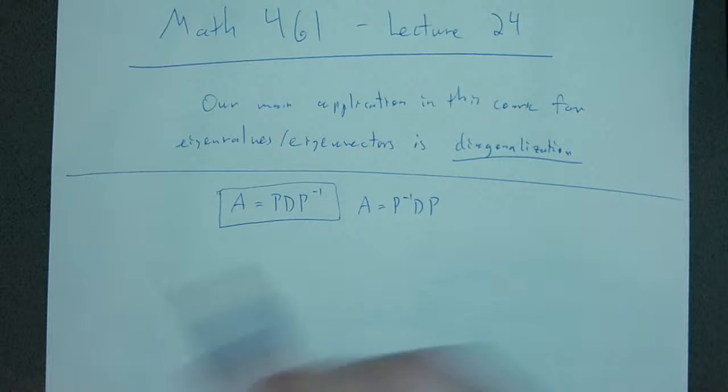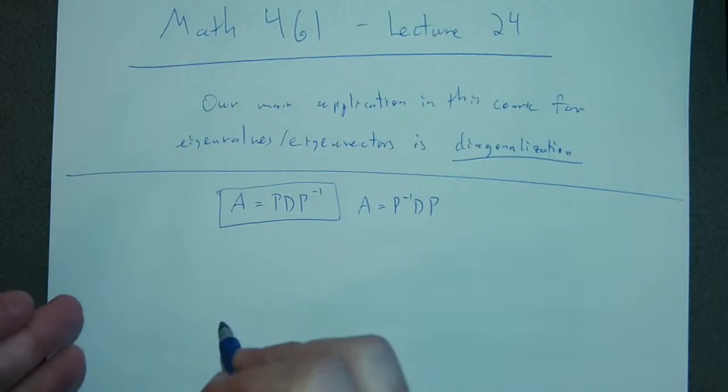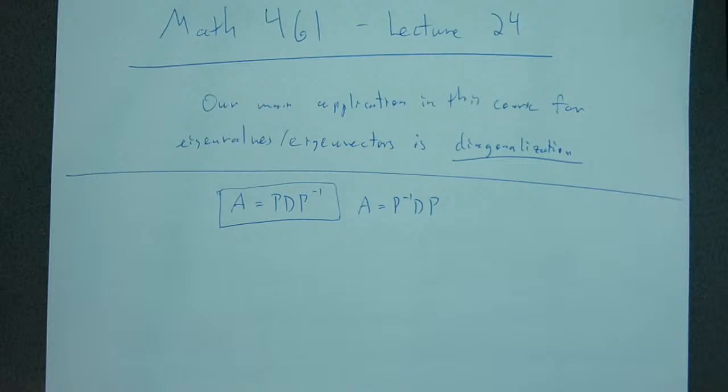But if you wrote down the P that we're going to write down, but then you wrote P inverse D P, it would technically be wrong. You basically have written the inverse statement instead. So that's something I'll stress when we do some examples here in a second.